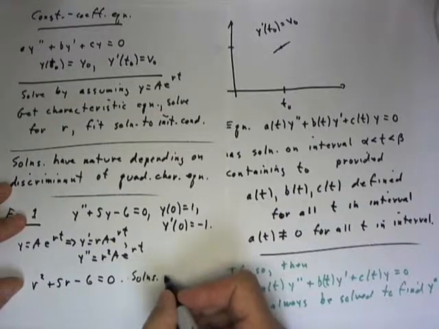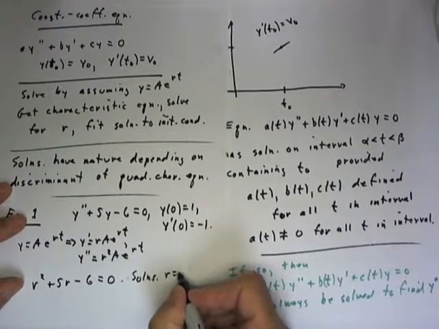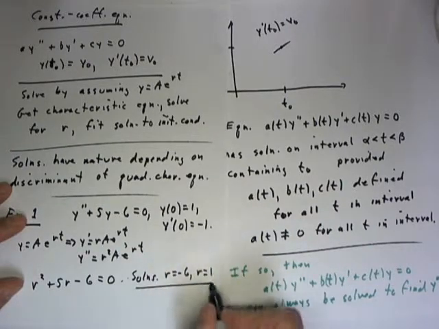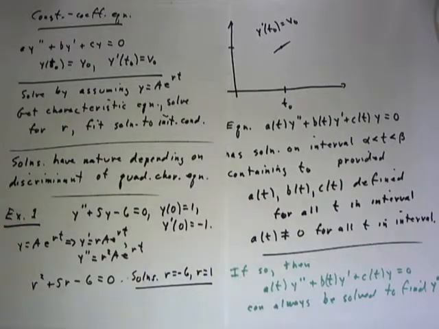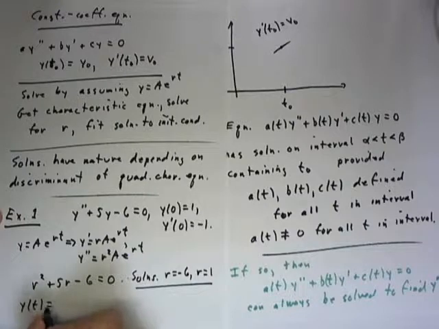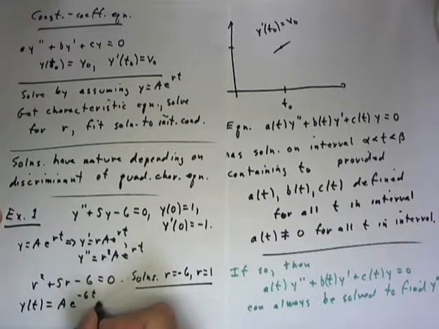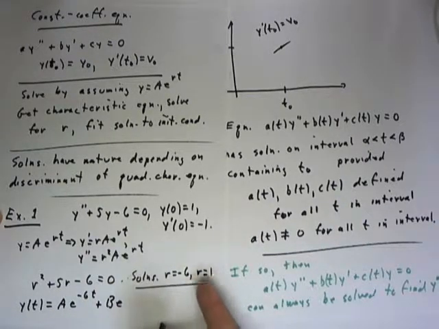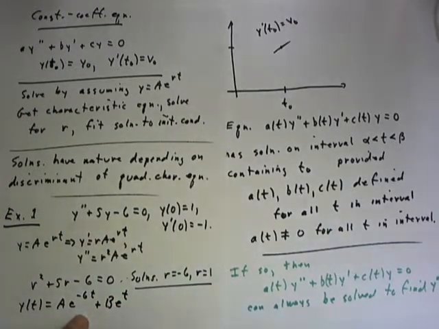The solutions to this equation are r equals negative 6 or r equals 1. This yields a general solution. y of t equals A e to the negative 6t plus B e to the, well, for r equals 1 it's 1t, so we'll just call that B e to the t.